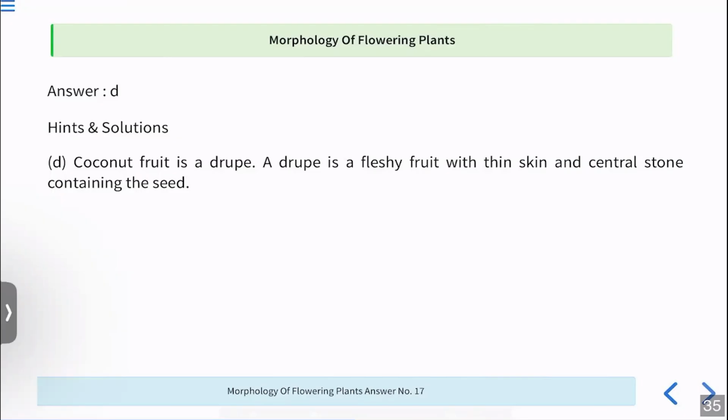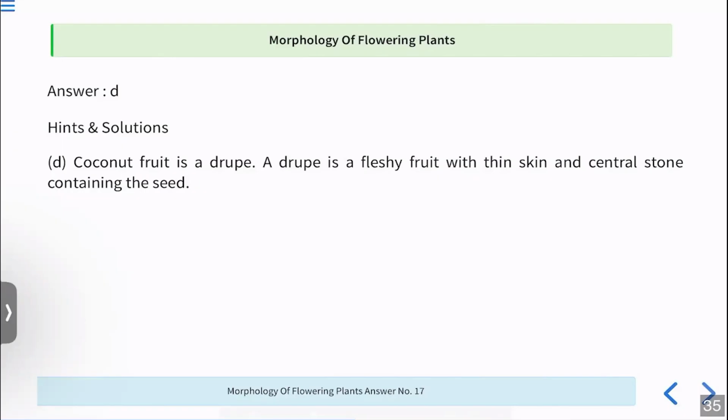Coconut fruit is a drupe. A drupe is a fleshy fruit with thin skin and central stone containing the seed. So you have to remember this, stone containing seed. That is characteristic of your drupe plants.